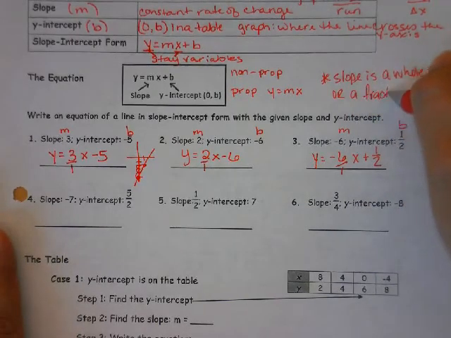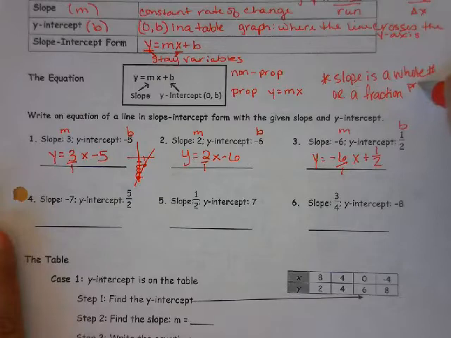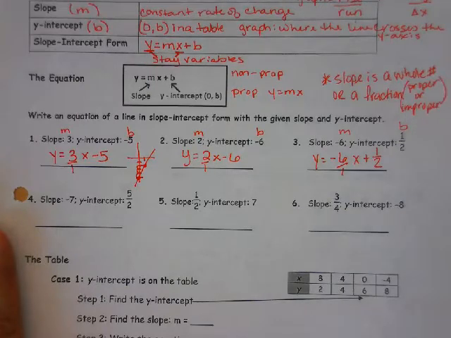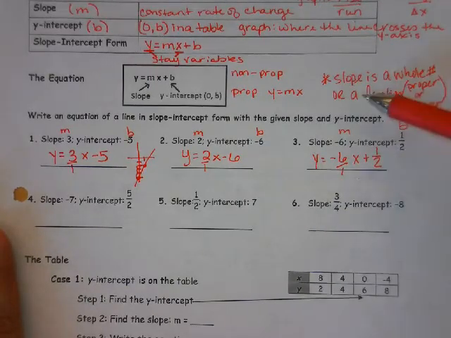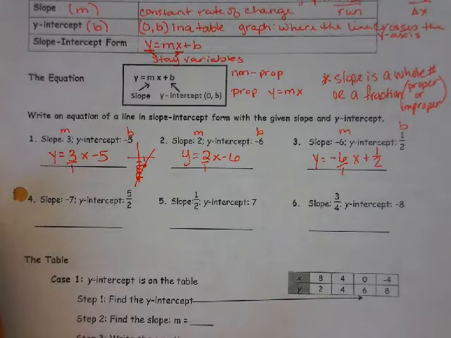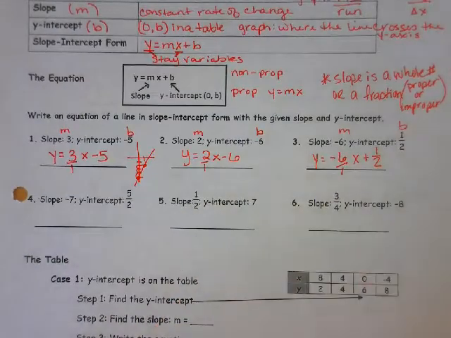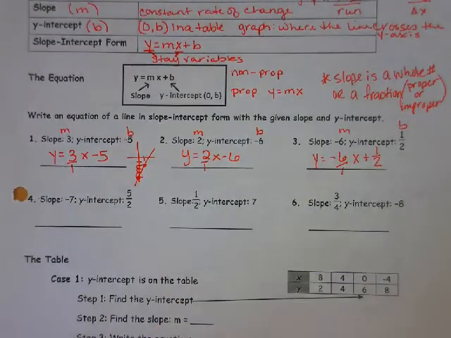And that means that it can be proper or improper. We do not want a mixed number, okay, because we cannot count rise over run on a mixed number. So be very cautious with that. I would like for you to try 4, 5, and 6. I'm going to leave the answers with the for that, and we'll check it tomorrow.